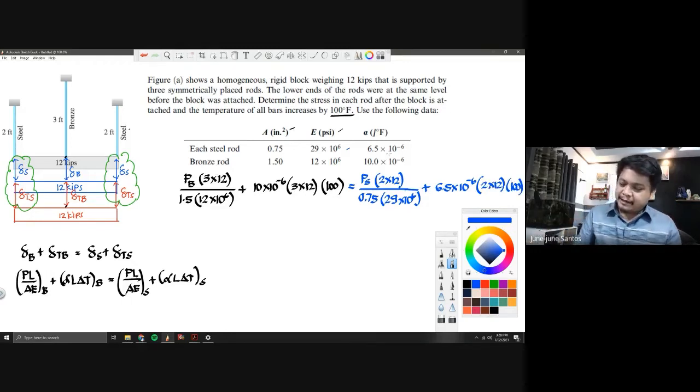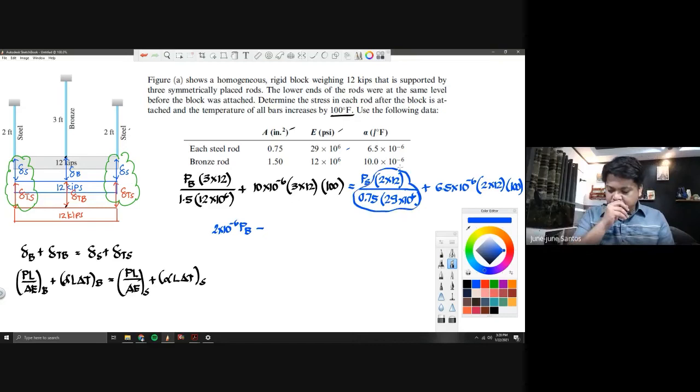Okay, so ilipat ko lahat. So dito, isimplify ko to. So 3 times 12 all over 1.5 times 12 times 10 to the 6, so that is 2 times 10 to the negative 6 of PB, minus itong term na to, this term: 2 times 12 all over 0.75 times 29 times 10 to the 6.